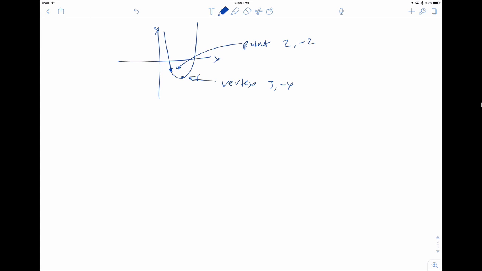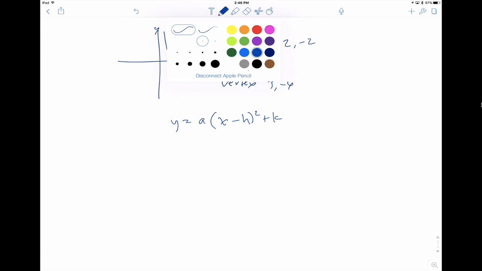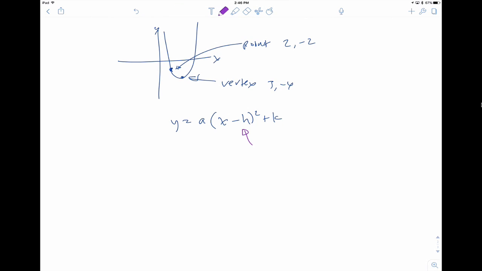In this case, we'll use the vertex form of the quadratic formula, which is a, again, a, x minus h squared plus k. We know that h is the minus of our vertex horizontal translation, and k is the vertical translation.